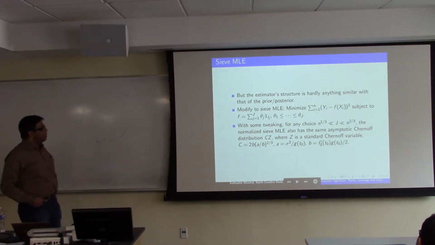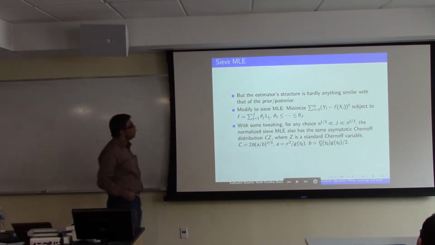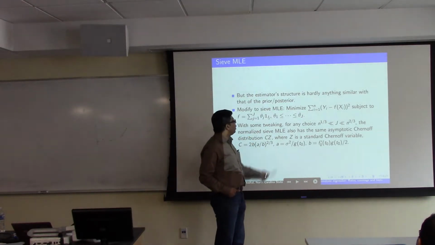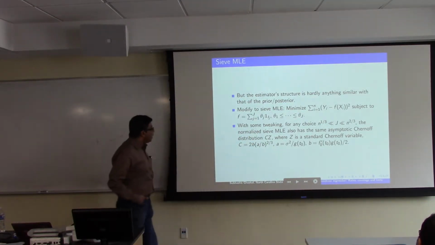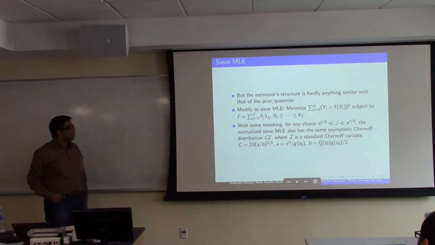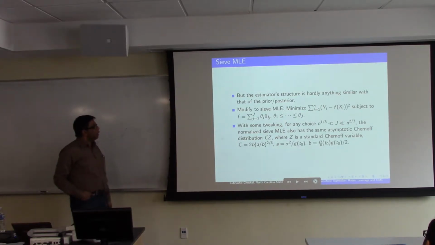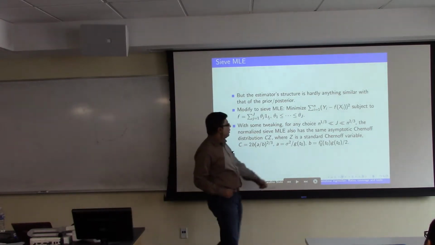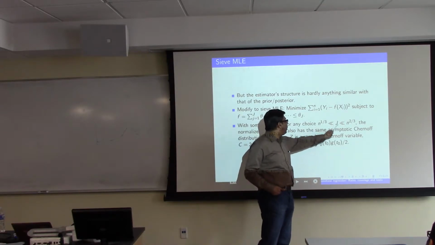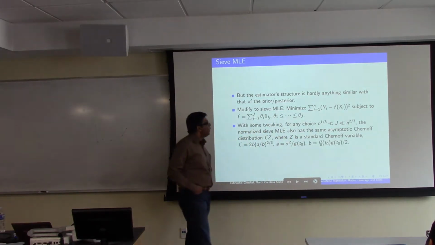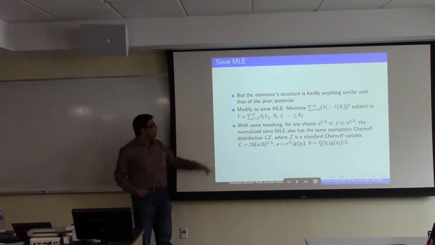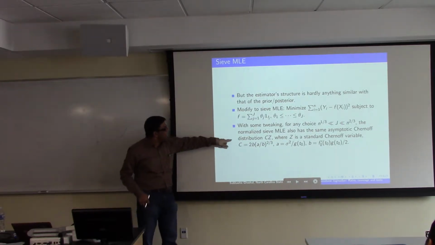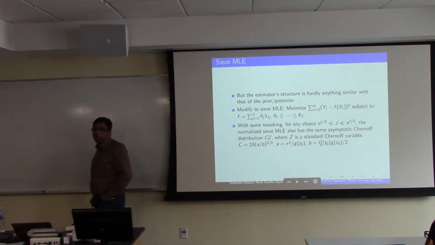The first thing we do is, there was no theorem on the distribution of this, but using the same kind of technique and some tweaking here and there, under the choice that J is more than n to the power 1/3 and less than n to the power 2/3, we could show that it ends up with the same kind of limit distribution.